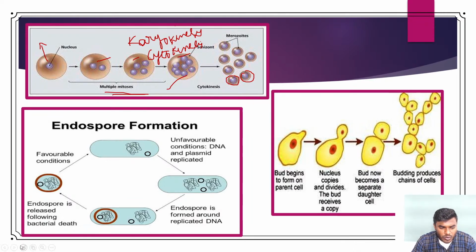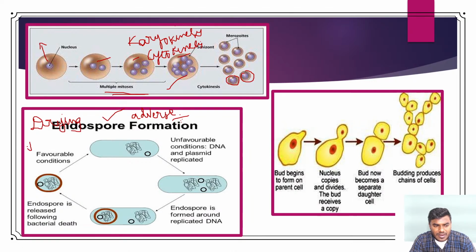And this is the most important process, friends. When does the bacteria prefer endospore formation? Everyone has to remember, only if the bacteria is in adverse conditions can it form the endospore. Let's take an example of drying, or desiccation.